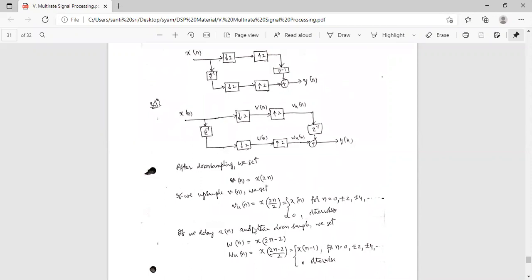So this is x of 2n minus 2, and that is equal to x of n minus 1 for n equal to 0, plus or minus 2, plus or minus 4, etc.